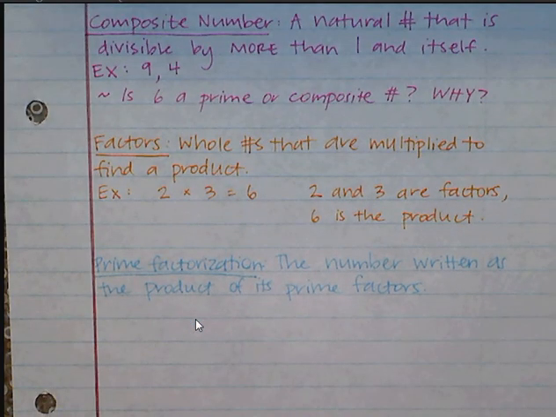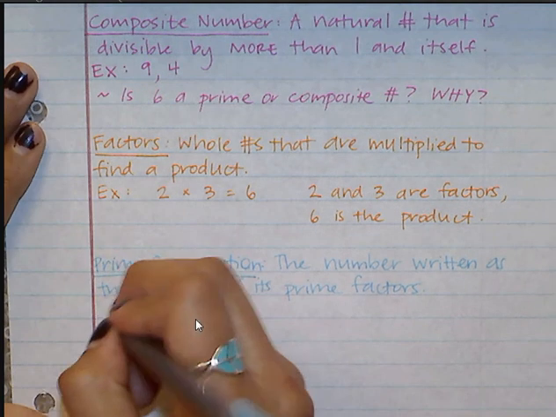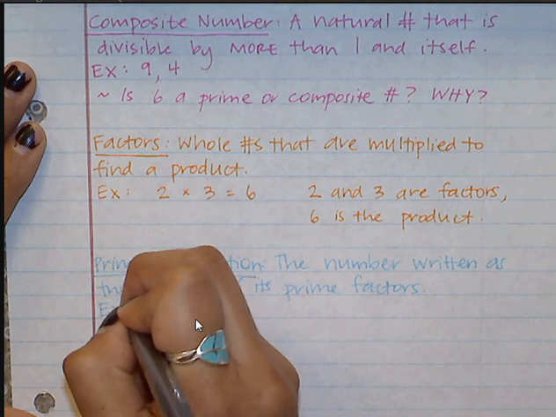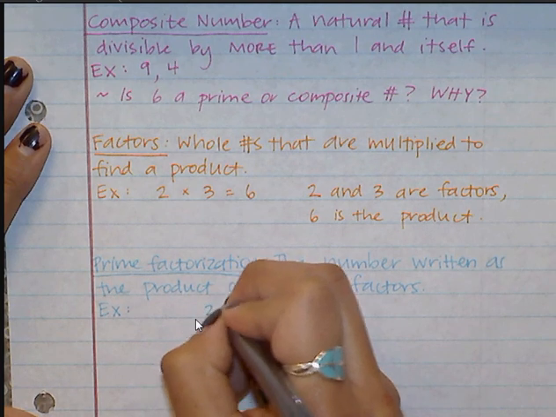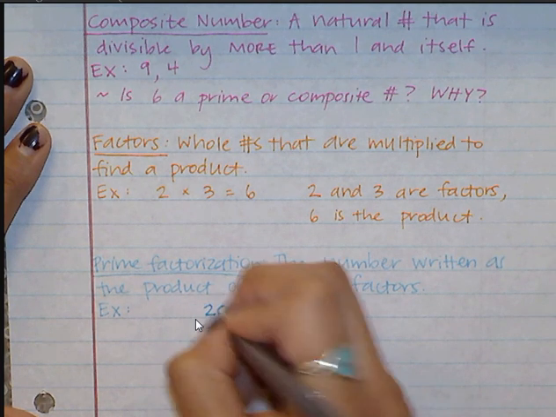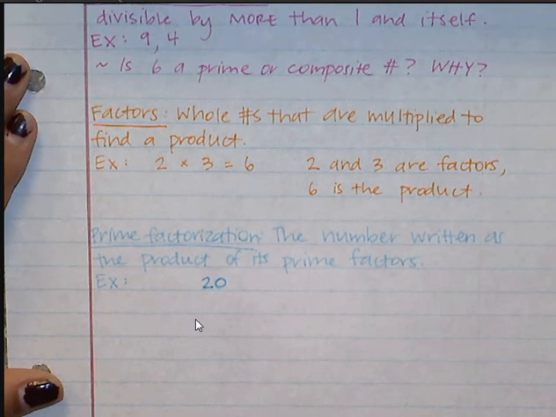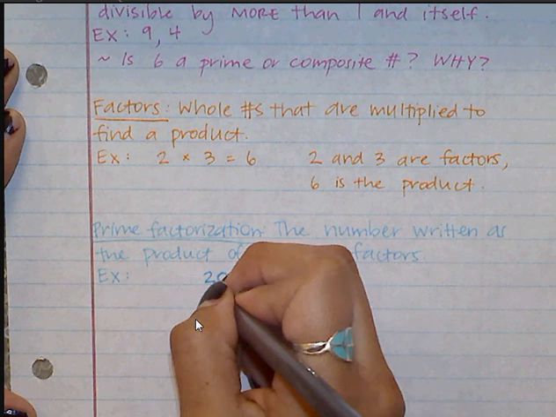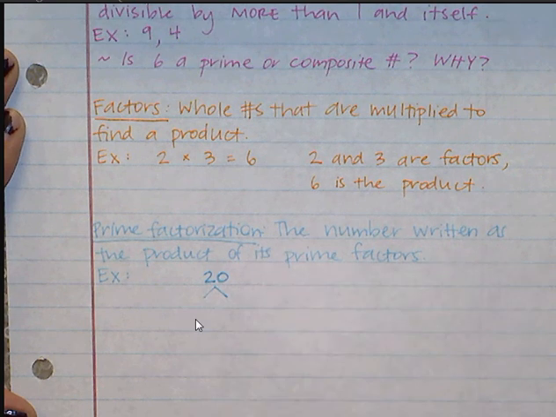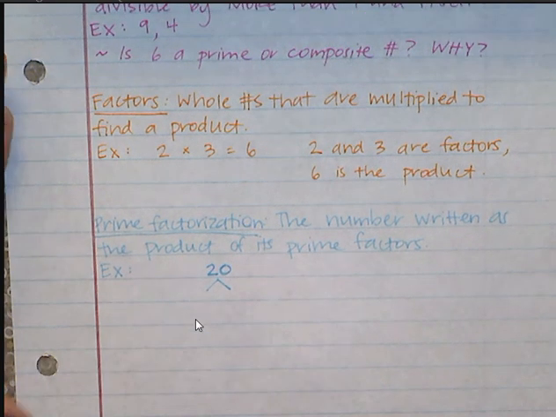Okay, so let's do an example of prime factorization. Let's do the prime factorization of 20. What we're going to do right now is called the factor tree. I know it doesn't really look like a tree, but you could make it look like a tree. So what 2 numbers can we use to make 20?